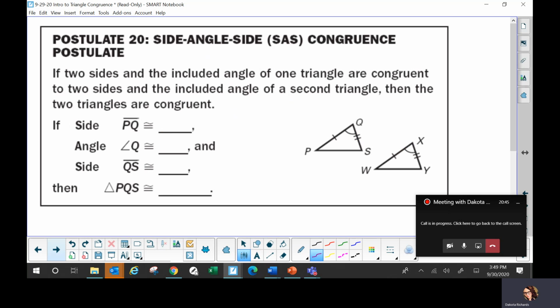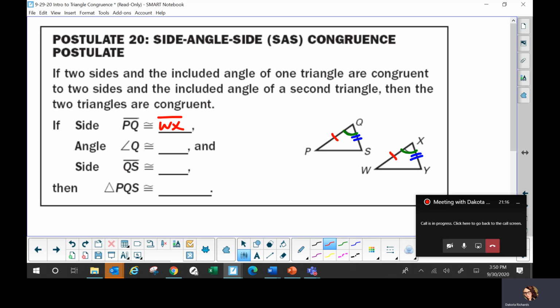Okay. Next is side angle side. So here we are given a side, an angle, and another side. It's important to notice that the angle is in between the two sides. That's why it is side angle side. Okay, so PQ is congruent to WX.